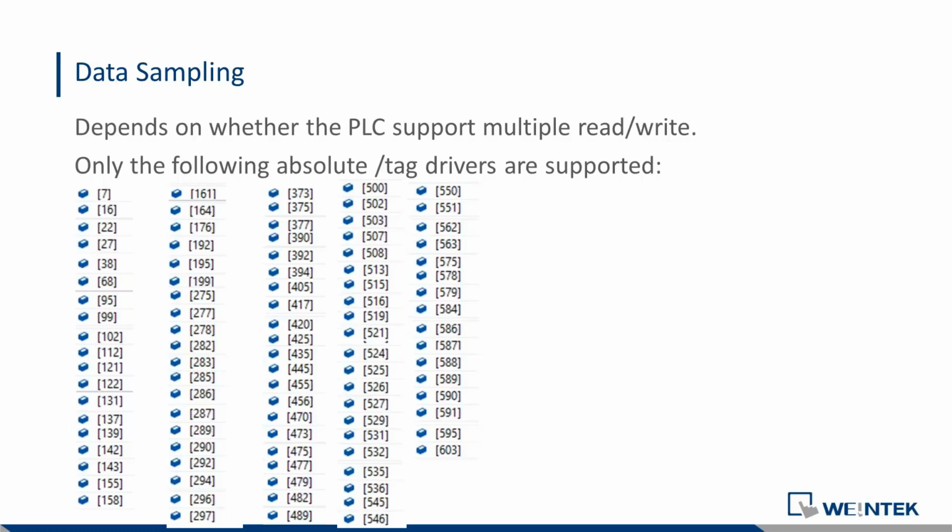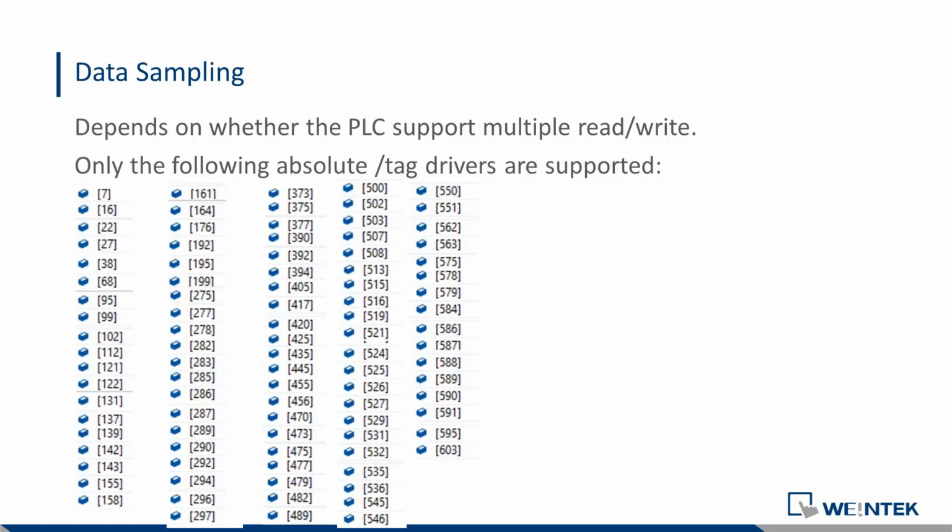What I mean is that if the PLC doesn't support reading and writing multiple data at the same time, you cannot use discontinuous addresses in data sampling. All right, the limitation comes from the PLC. It is not from us. So only for PLCs that support it can we let you use discontinuous addresses.